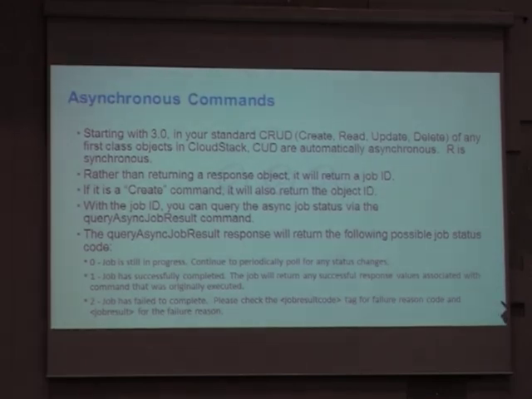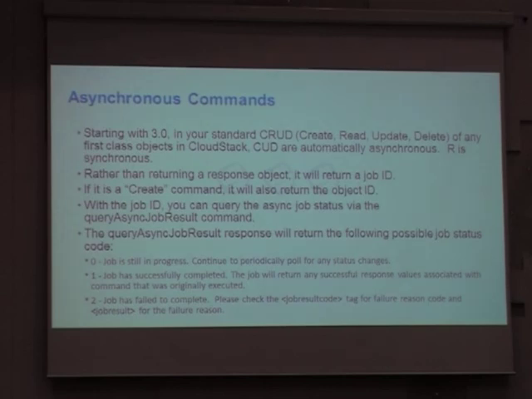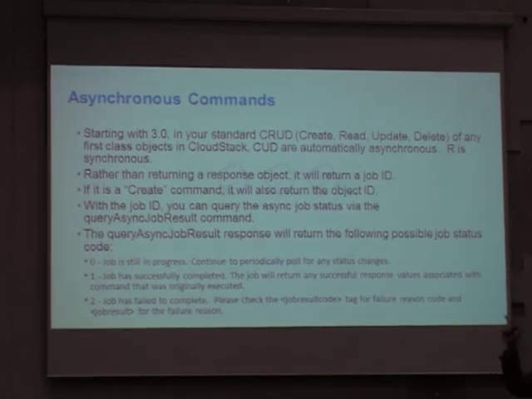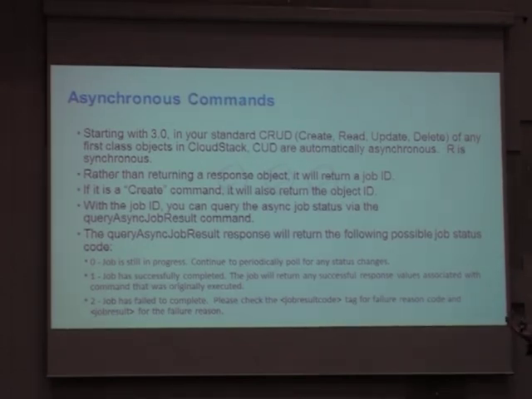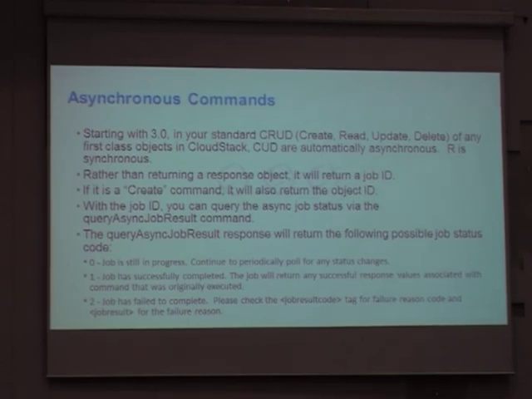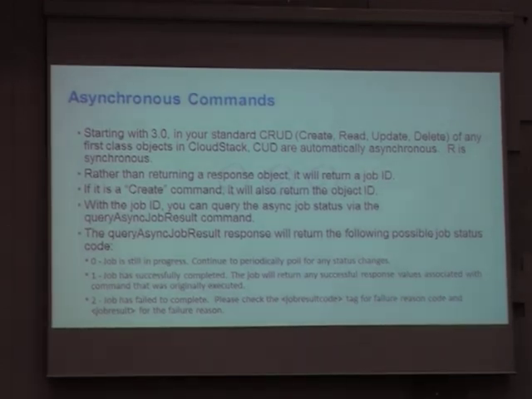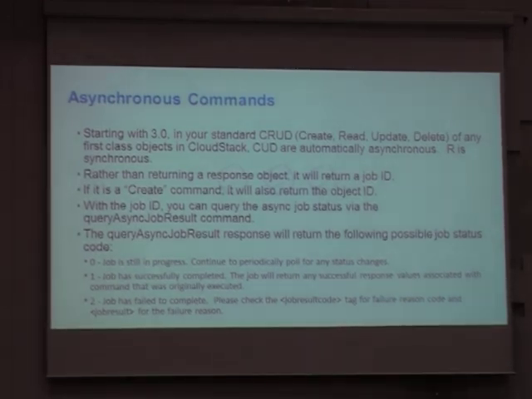Starting with 3.0, create, update, and delete are all asynchronous, and only the read API, which is the list commands, are synchronous. So going forward with 3.0, if you want to create your own API, please follow this and ensure that any of the creates, updates, and deletes are asynchronous APIs.